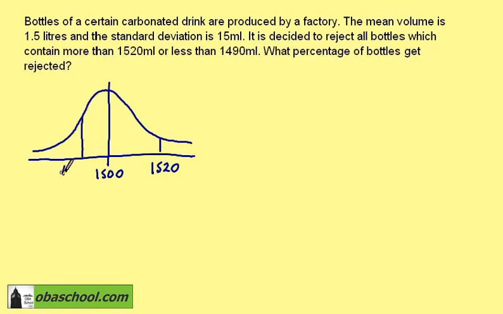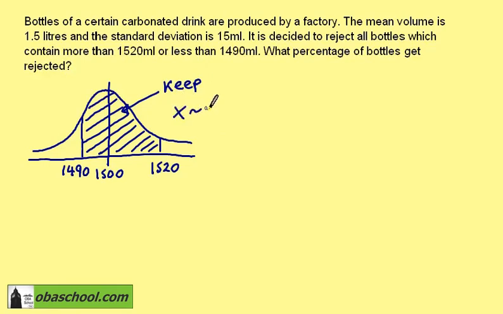Here is 1,490. And we're going to keep the ones in the shaded area. We're interested in how many we reject, but we can work that out if we work out how many we keep.